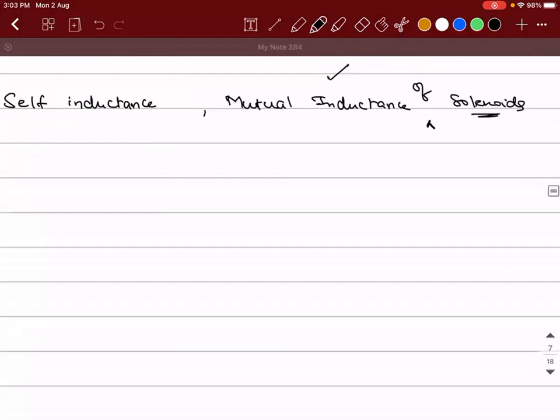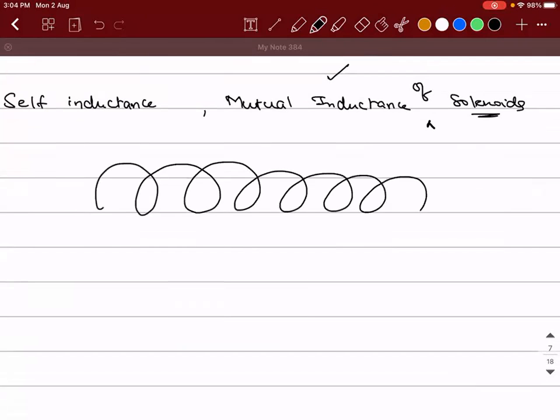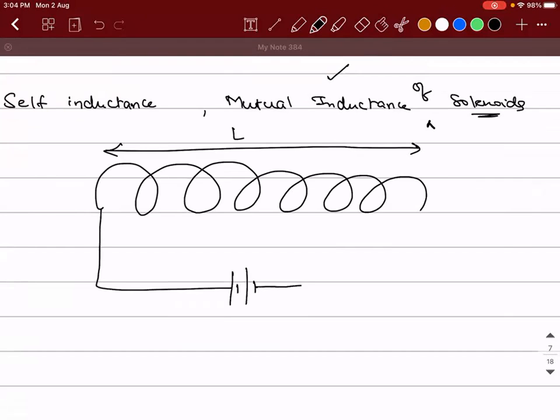Right. So, if I have a solenoid like this, listen guys. If I have a solenoid of length L which is connected to a power source with the help of a switch like this.